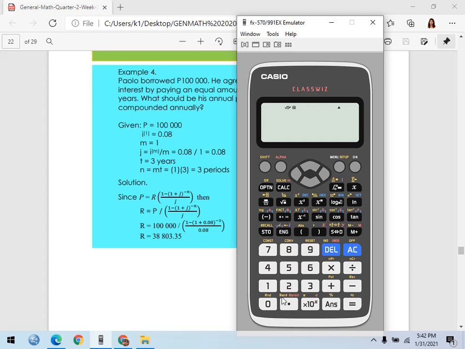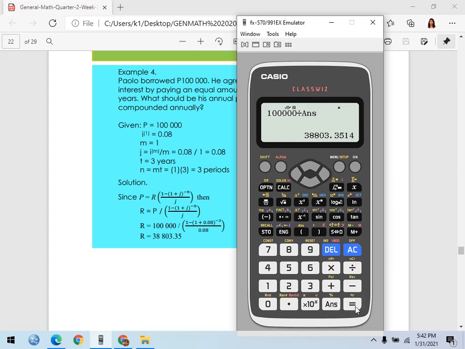So, we have 1, same process, 1 plus 0.08 equals raised to negative 3 equals, and then 1 minus the answer, and then divided by 0.08, and then hindi siya multiplication, so ang gagawin nyo is 100,000 divided by answer. Hindi pwedeng answer divided by 100,000. Okay, take note of that.